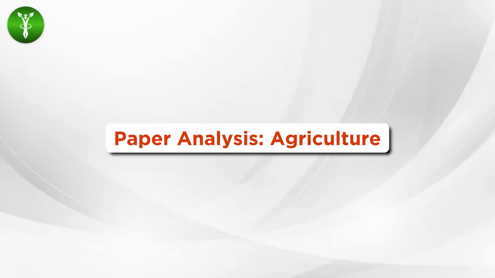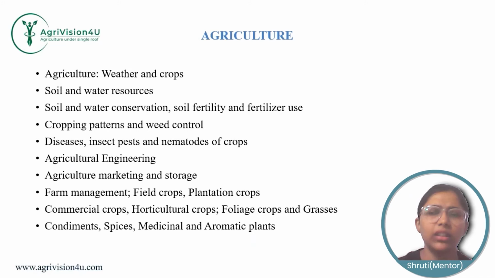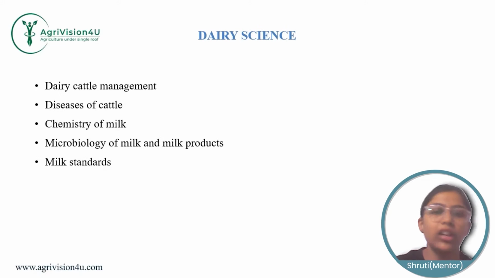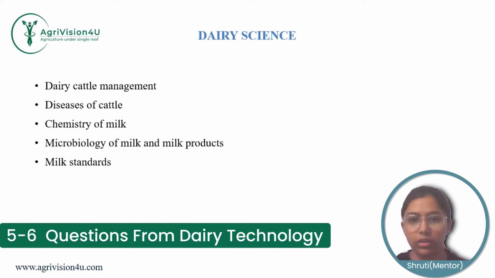Again, agriculture. In this paper, agriculture comprised only 2 to 3 questions, but dairy technology had 5 to 6 questions this year.